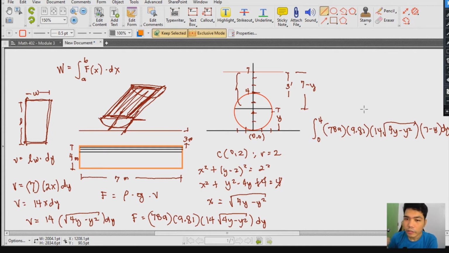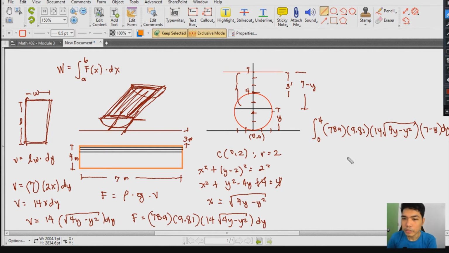And to give an idea of the decreasing part, that should be related to the distance kung saan ba siya talaga dinala. So since nila siya sa taas, that's 7 units. So you have to subtract whatever value of y that you have so that you can really accommodate the value of the distance from this upper portion to that level or the new level of this water that's inside the horizontal cylinder. That's why meron tayong 7 minus y.